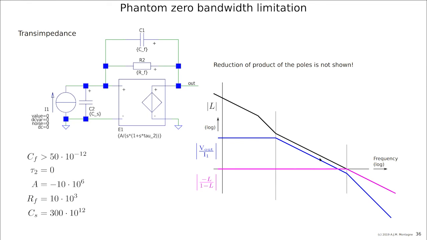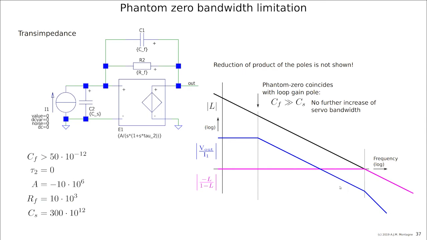Now, I didn't plot this here in this picture. I didn't plot another thing as well, which is that basically by putting CF there, the first pole was in the origin, A over S, but the second pole was CF in parallel with CS with RF.